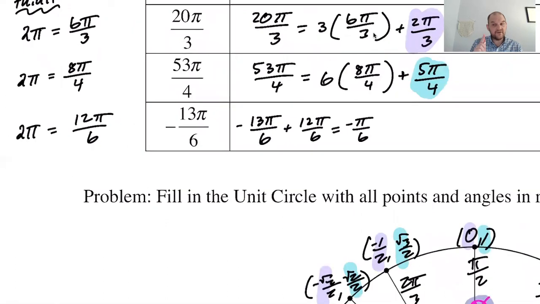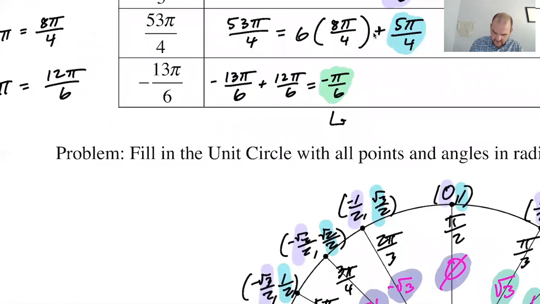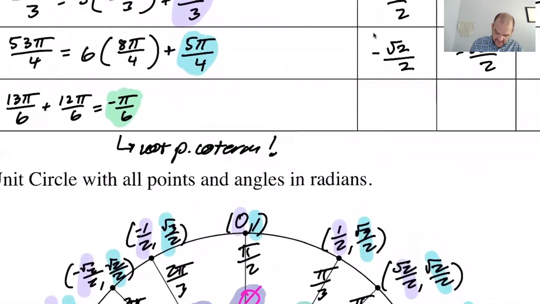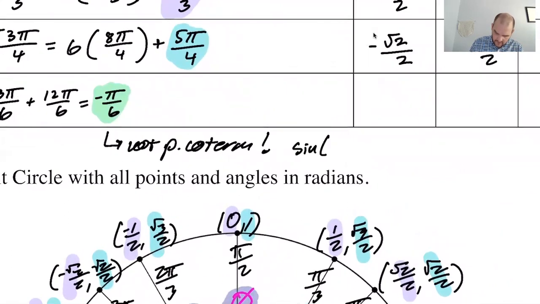Now that is not the principal coterminal angle, so I'm going to use a different color to highlight it. Well, I've been doing that for all of them, it turns out. So in fact, I will highlight it in a different color, and then I will make a note that this is not the principal coterminal angle. But it's enough information because I know that the sine of negative pi over 6, sine is odd, right?